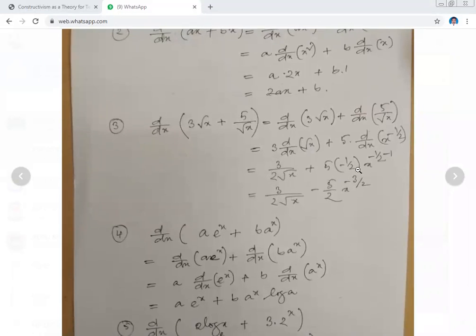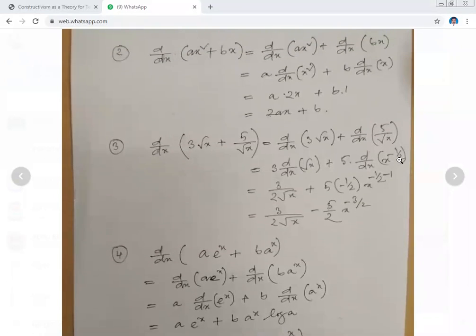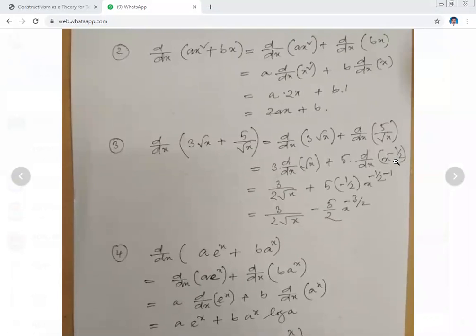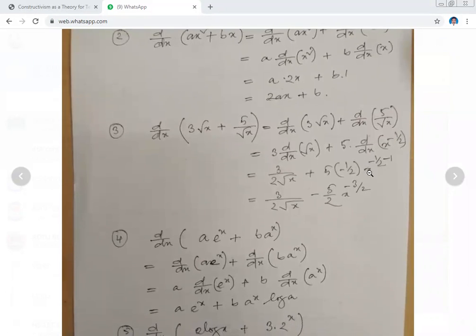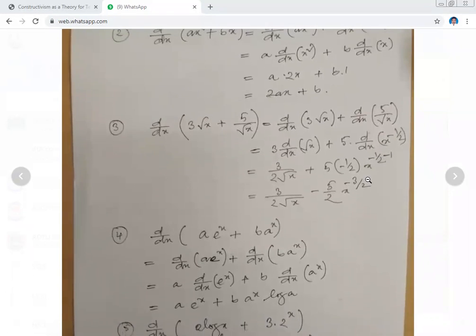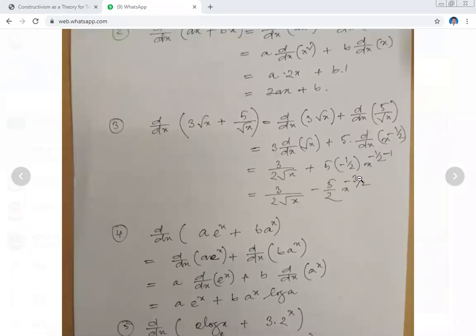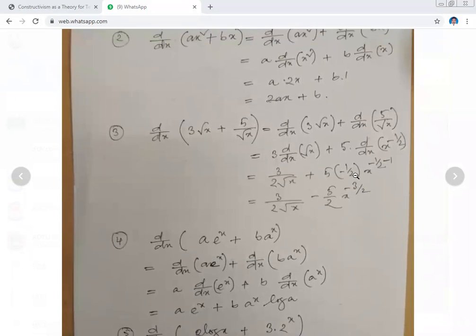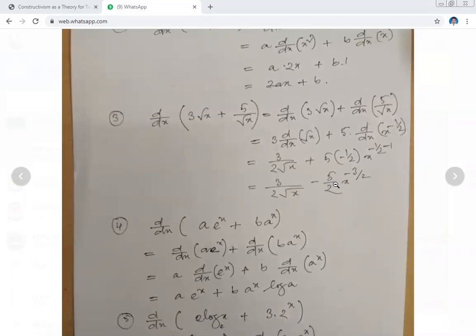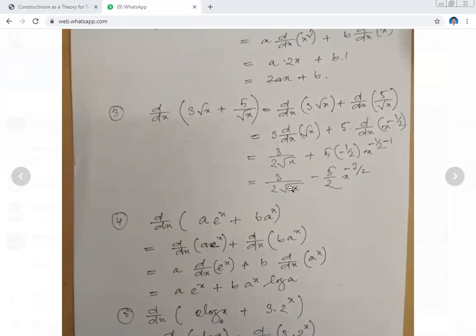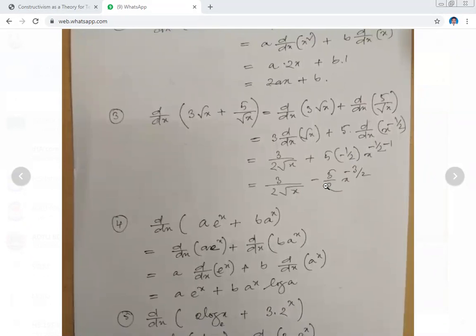And the second one is again x to the power n, where n means minus half. So using n into x to the power n minus 1, we get x to the power minus 3 by 2. And 5 by 2 remains as a constant here. So this is the result of differentiation.